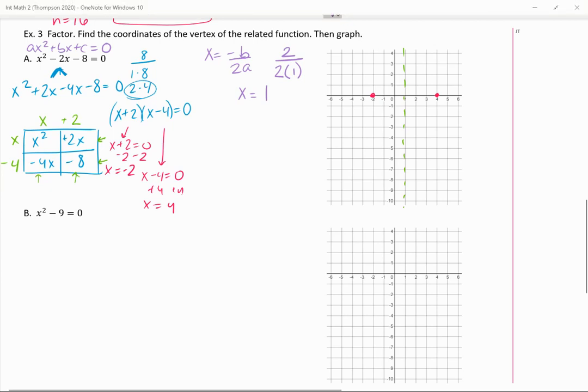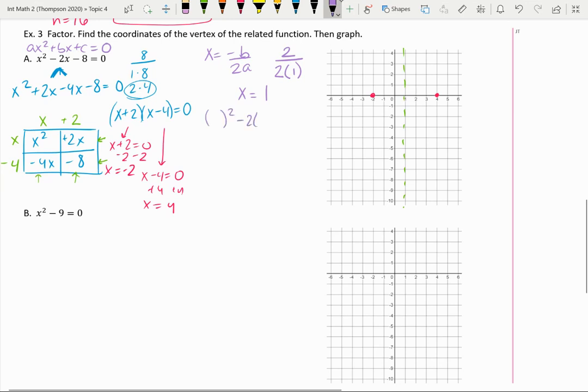Then how do I find the y value? Right? So now I'm going to take x equals 1, and I'm going to plug it back in. So my original equation is x squared minus 2 times x minus 8 equals 0. Instead of x, I'm going to plug in 1. 1 squared is 1.